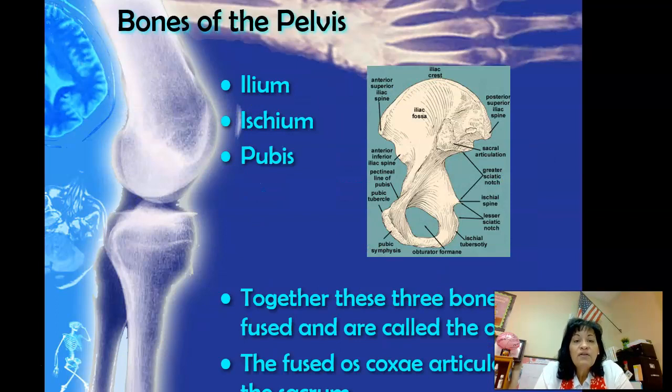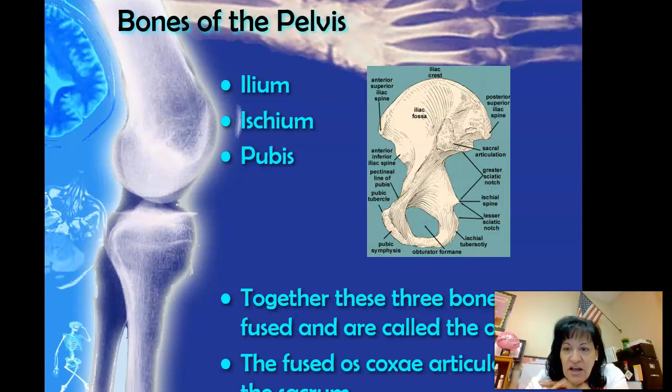Okay, bones of the pelvis. You have the ilium, ischium, and pubis, and it's all one pelvic bone, and it's split up into the different parts of the ilium, ischium, and pubis. Together, these 3 bones are fused and are called the os coxae. The fused os coxae articulate with the sacrum, and articulate means makes a joint, connects to make a joint.